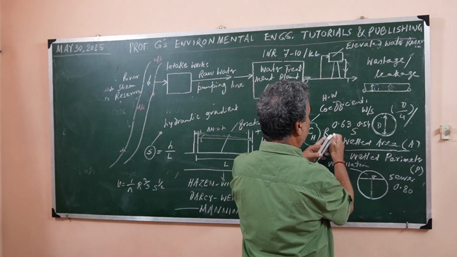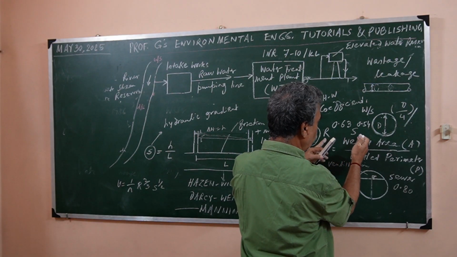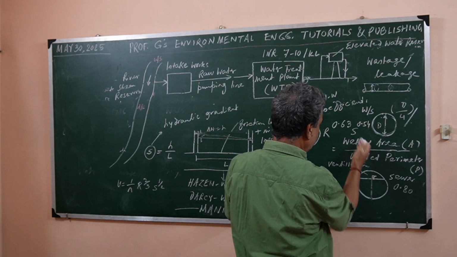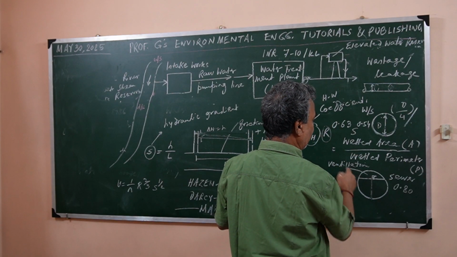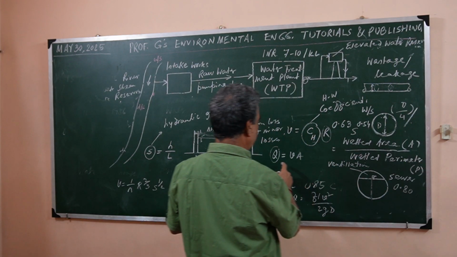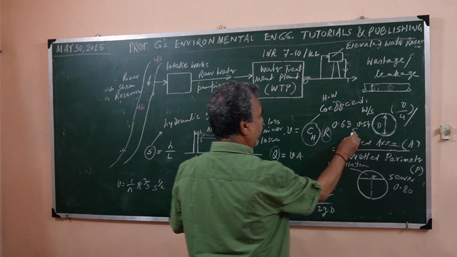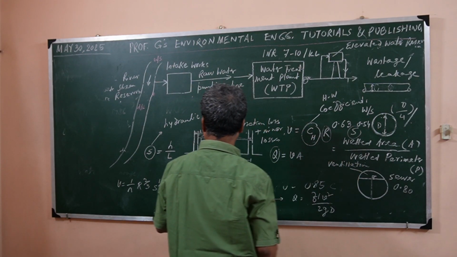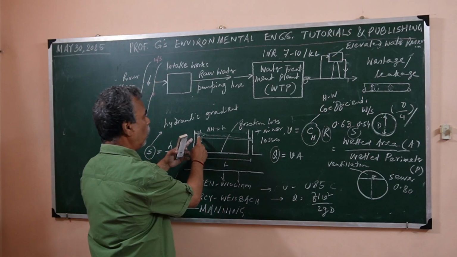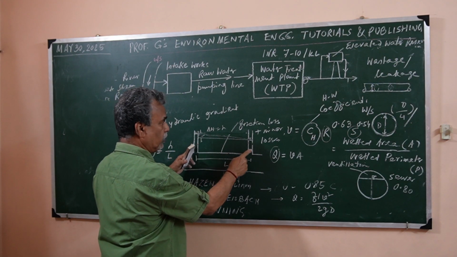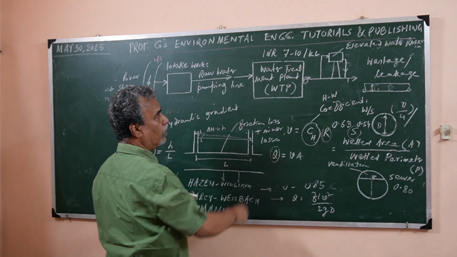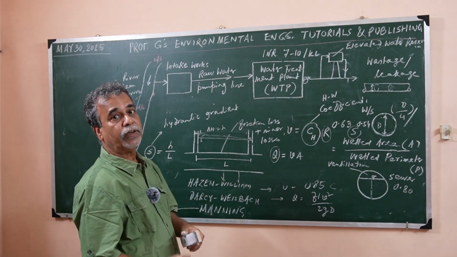And if you choose a diameter, then for this chosen diameter you will get d by 4, that is the R, and S you can determine, right? So what would be the fall or the hydraulic losses in between these two points, you can estimate or determine.